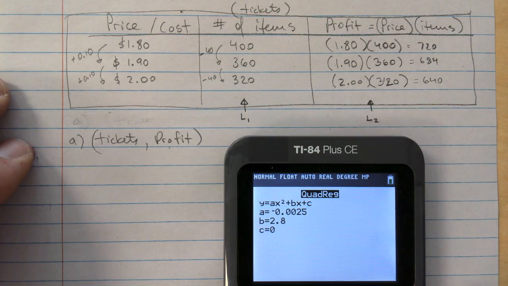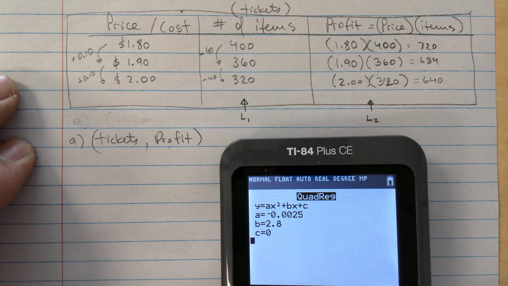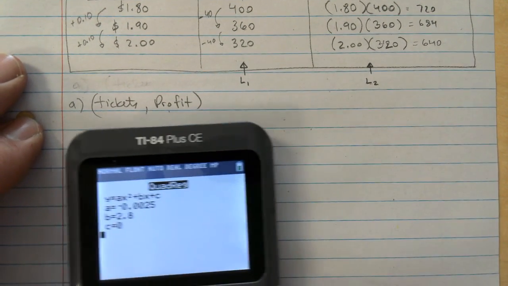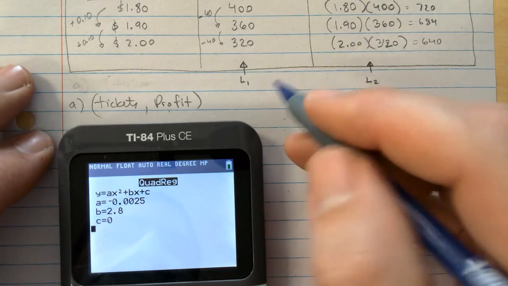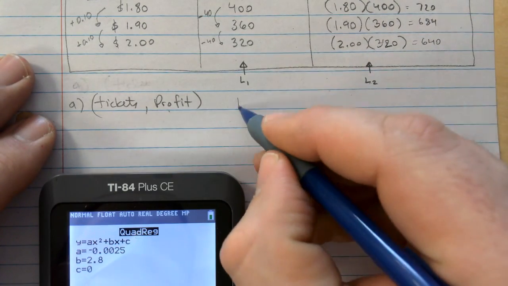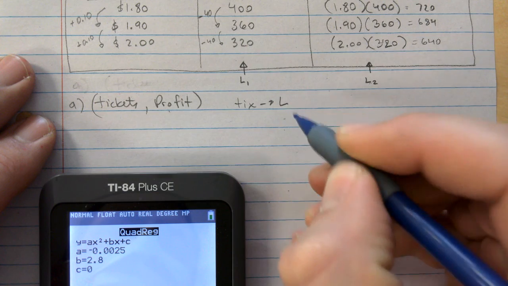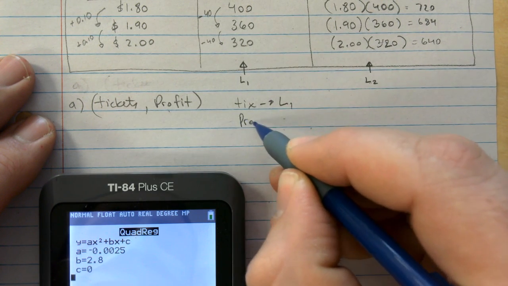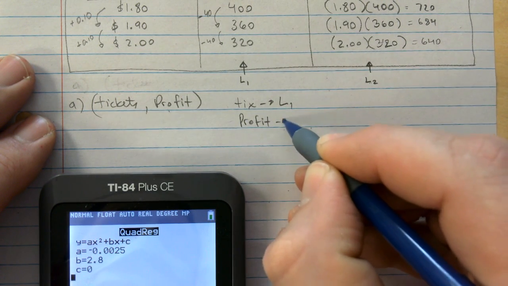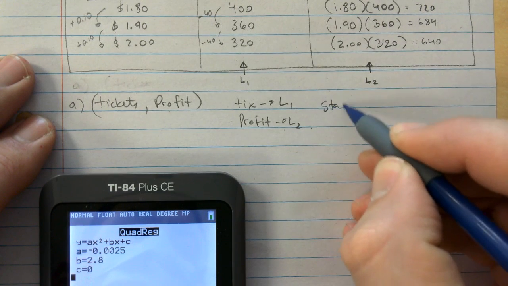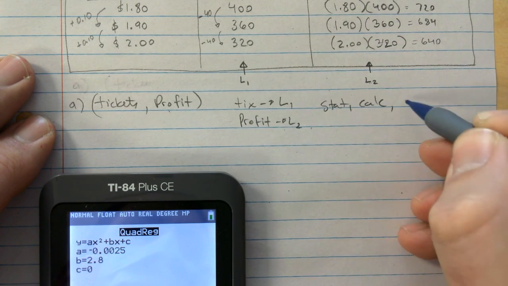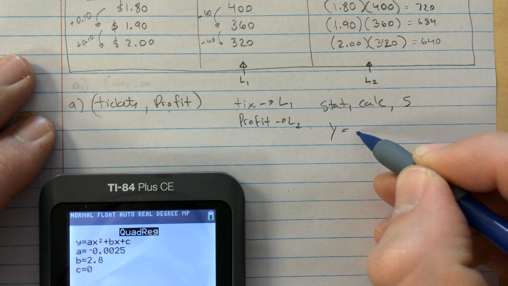If you did that, good for you. This is the equation. Tickets went into L1 and profit went into L2, and then I went stat, calc, 5, and this is the equation I get.